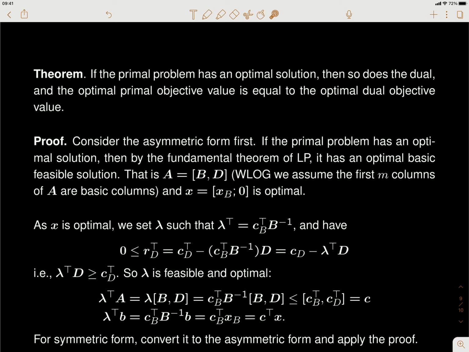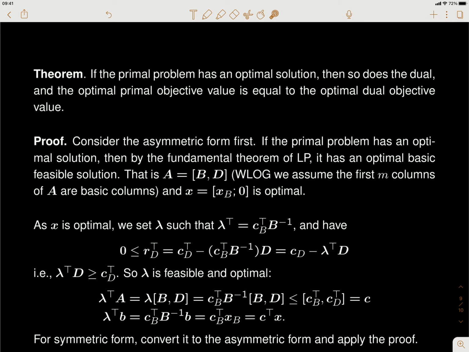The constraints of the linear program give us a polyhedron, and the minimum must be achieved at one of the vertices of the polyhedron, and that is an optimal basic feasible solution.